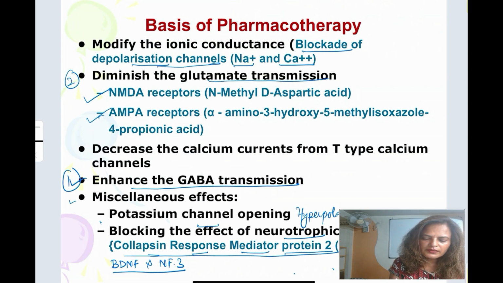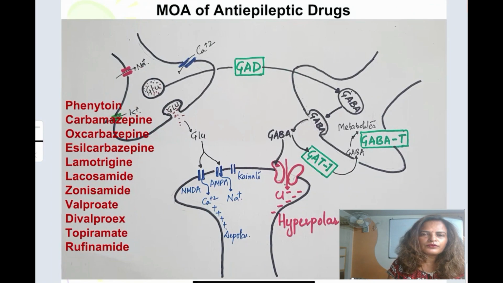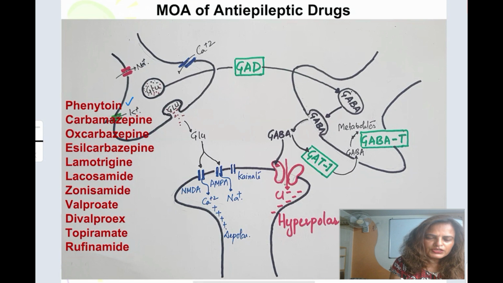So first one is the sodium channel blockers. These are the drugs which prolong the inactivation of the sodium channel. Under that come Phenytoin, Carbamazepine, Oxcarbazepine, Eslicarbazepine, Lamotrigine, Lacosamide, Zonisamide, sodium valproate, Divalproex, Topiramate, and Rufinamide.